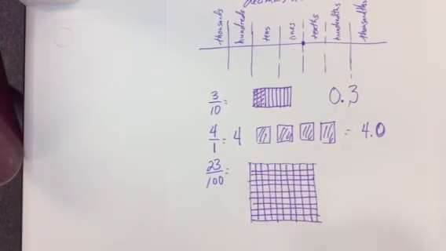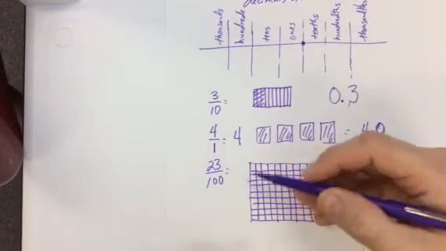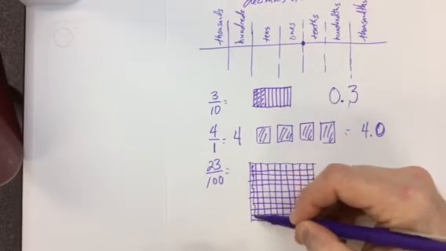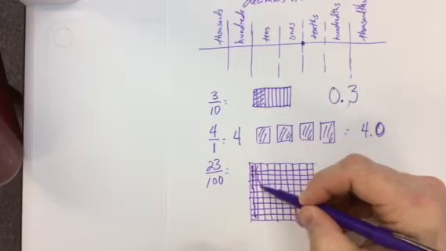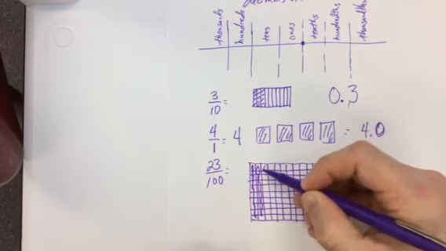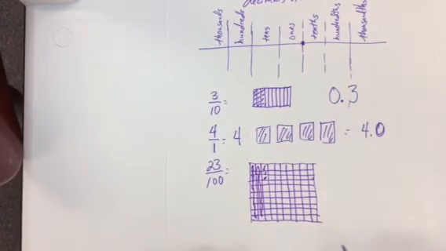So I have a 10 by 10, and there are 23 of these shaded in. So one whole row is 10, 20, and then 1, 2, 3.